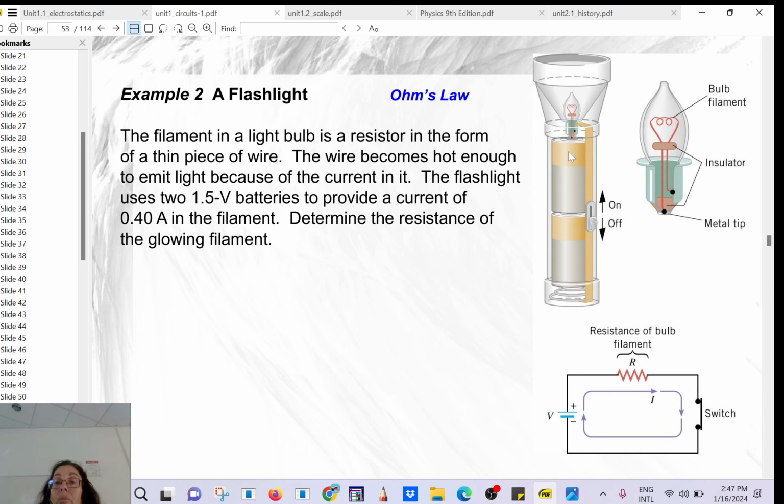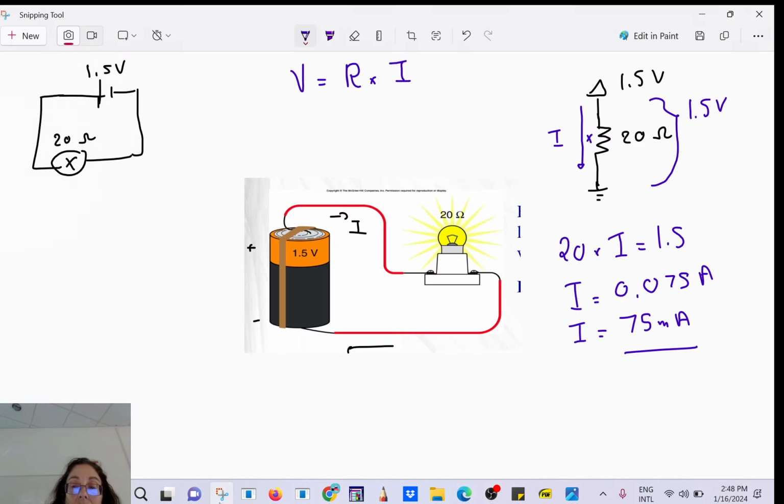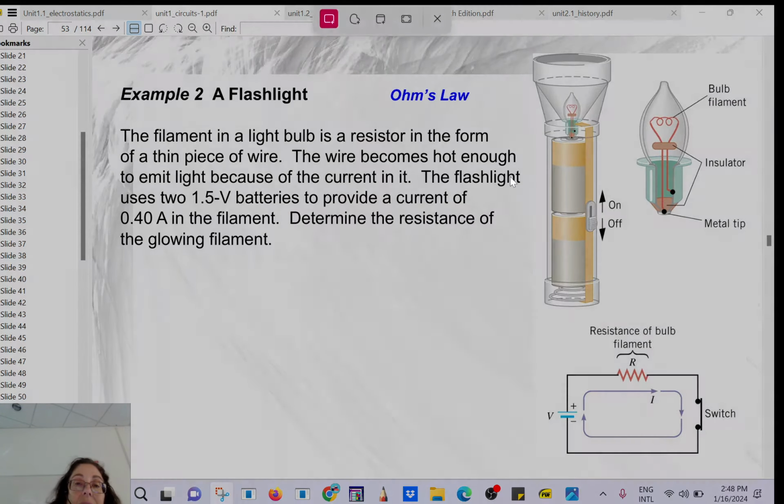The charge gets a boost. 3 joule per coulomb goes through the little filament here. It's so thin. It gets very hot. So hot it's going to emit light and then it comes back. And here you have a switch. Isn't that great? Okay, go. So the question is find the current.